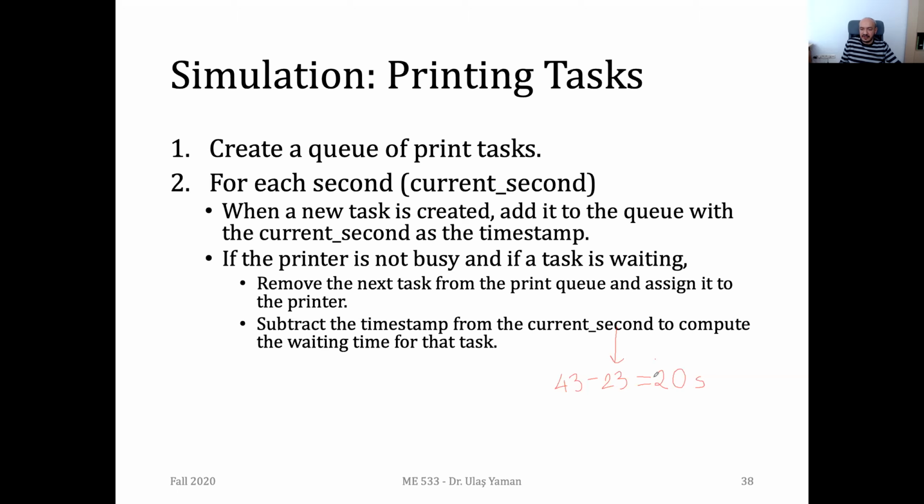You should compute this and store it in some kind of list data structure, so that later you take the average and tell the average waiting time in the simulation.